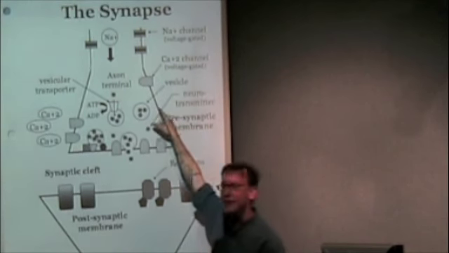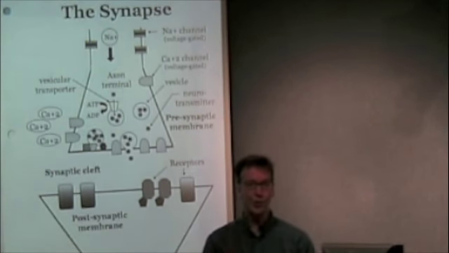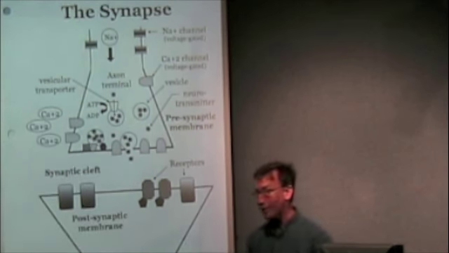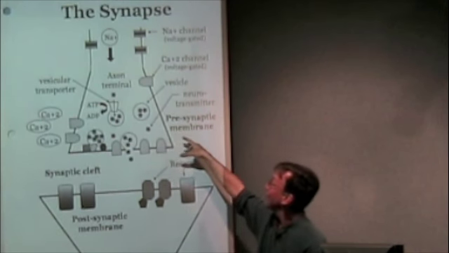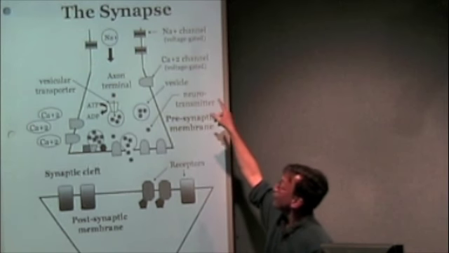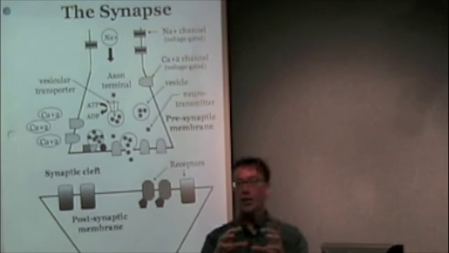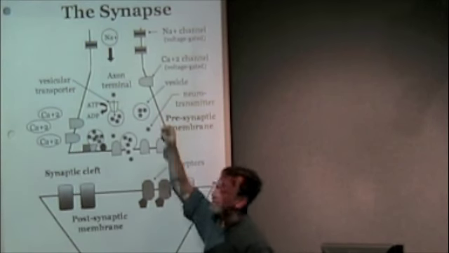Now, what I want you to notice is, at the end of the axon, there's a lot more stuff, right? We have a lot more structures here. Remember, all of these are built up based upon instructions in your genes, and they are sent to particular locations inside a neuron. So instead of the voltage-gated sodium channels, when you reach the axon terminal, you're going to encounter another kind of voltage-gated channel.